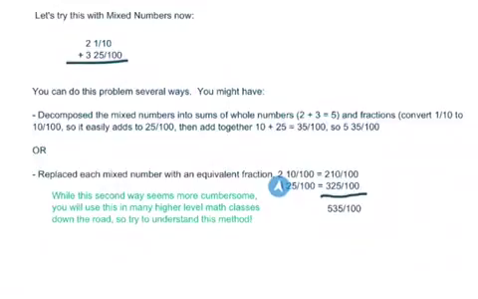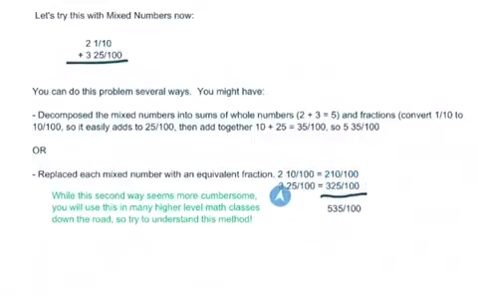I could make each of these into improper fractions and add them that way. So 2 and 10 hundredths would become, let's see, for each one of these wholes, each one would be 100. So 200 plus the 10 gives me 210 hundredths.